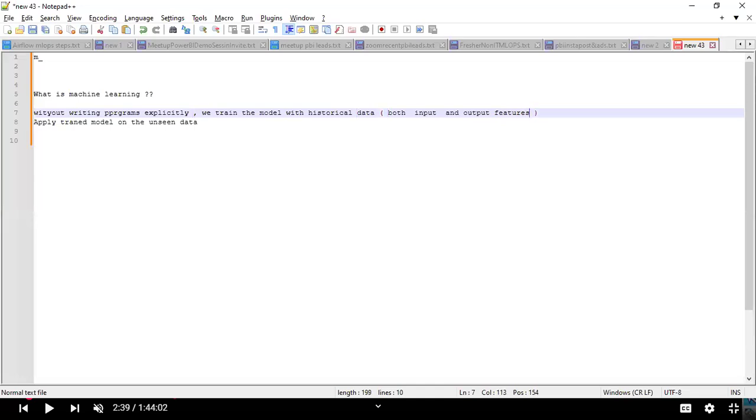It's something like input is a question and output is the answer. You train the model with both the input and output features.